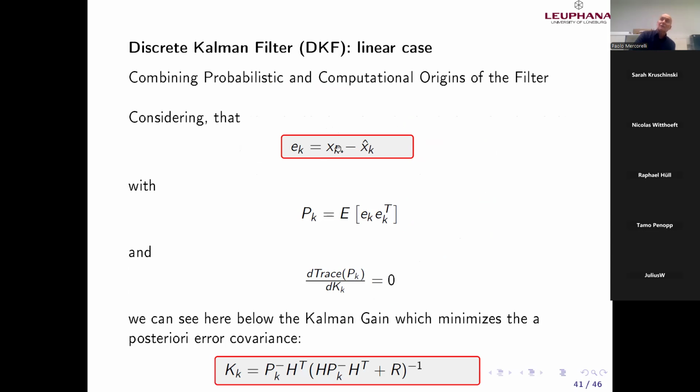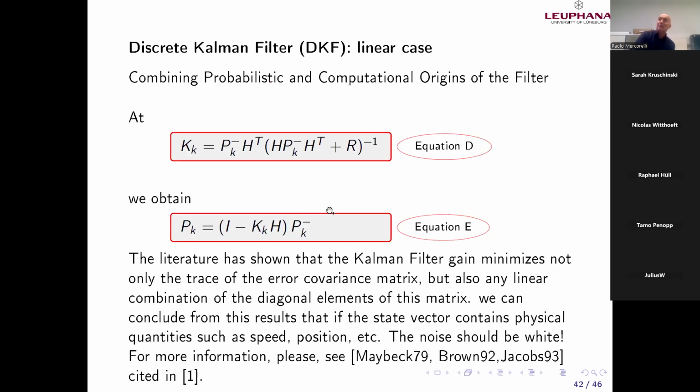X0 cannot be known, because this is the true value. This is what I know plus what I don't know. And this x k hat. This means also P0 could be considered as a tuning parameter.